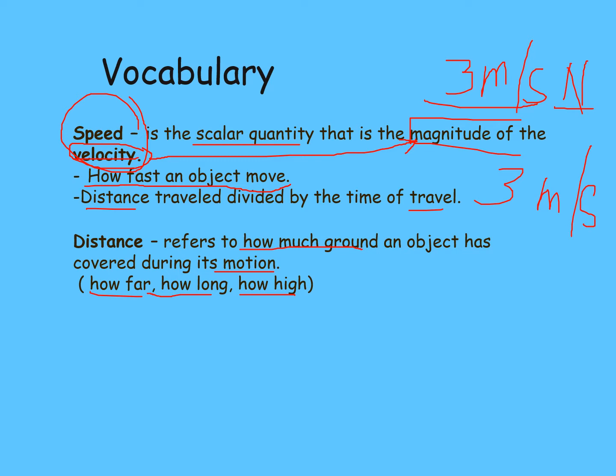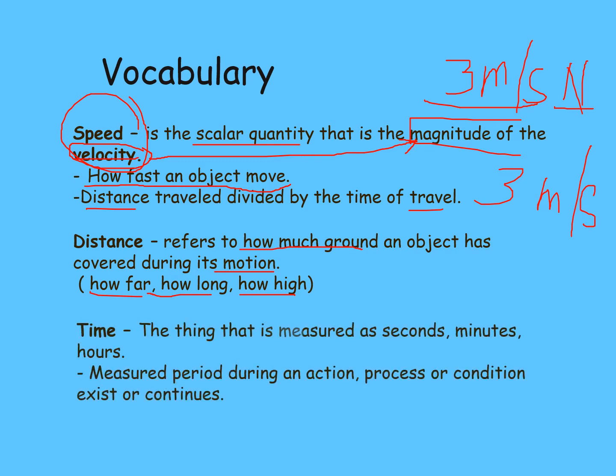Next, we have time, the thing that is measured in seconds, minutes, and hours. Time is the measured period during which an action, process, or condition exists or continues. So that is time.